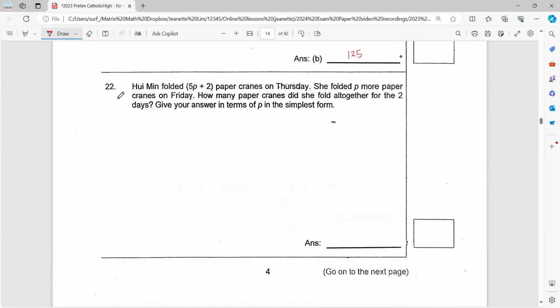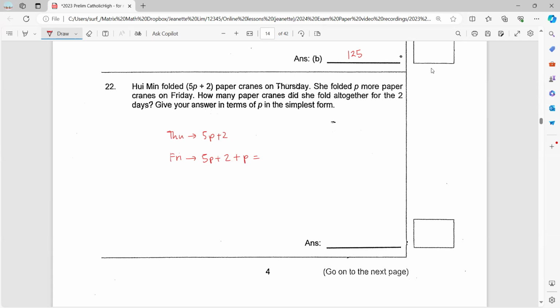Question 22. Hui Min folded 5p plus 2 paper cranes on Thursday. She folded p more paper cranes on Friday. How many did she fold altogether for the 2 days? Thursday, 5p plus 2. Friday, p more, so we have to take Thursday and plus p.